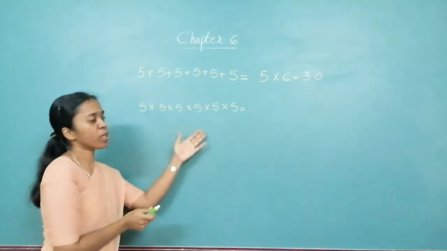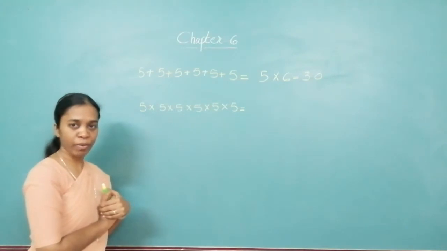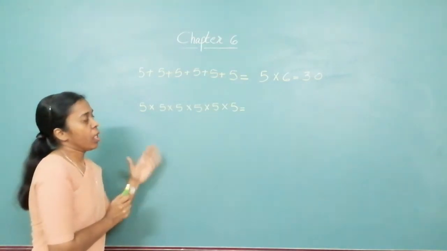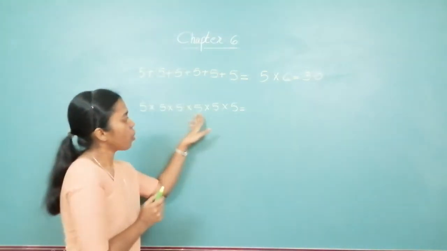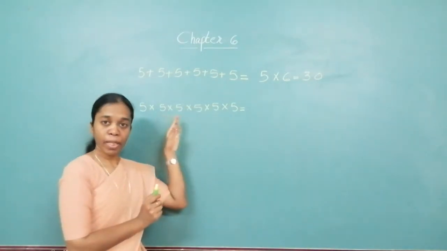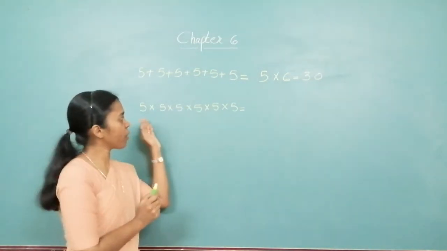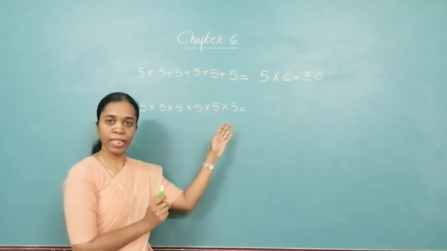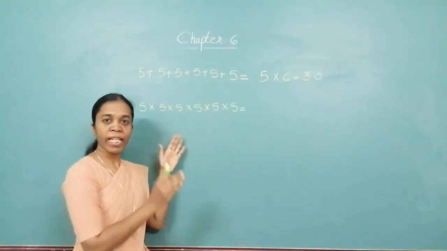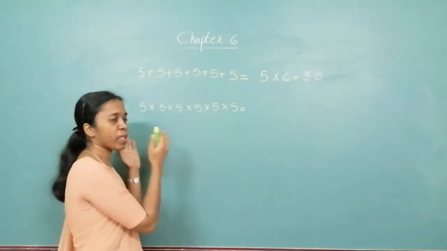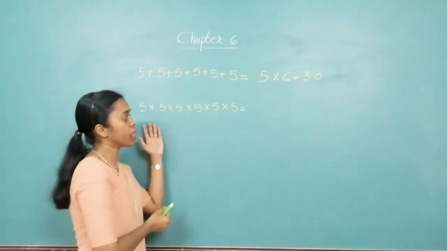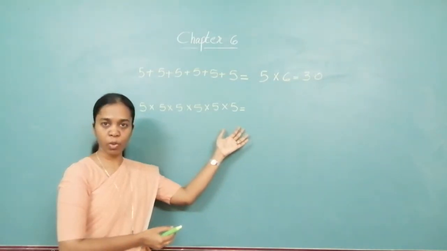This is just 6 times I have written 5. Now, this form, what you write like this, is known as the multiplication form. That is 5 into 5 into 5 into 5, the expanded form of it. We can write it in short instead of taking so much space. Since it is 6 times, it is fine to look like this.